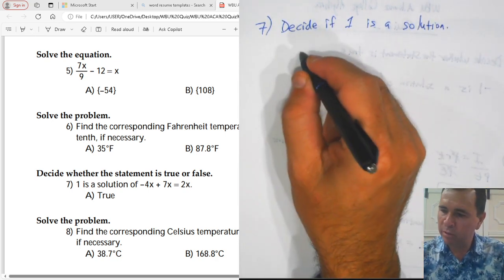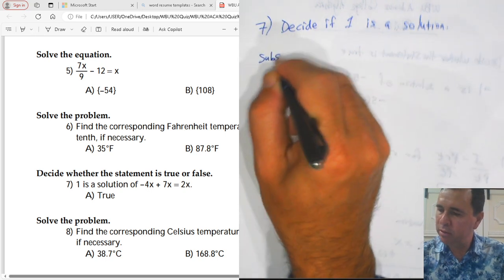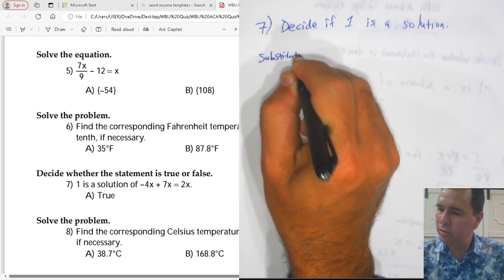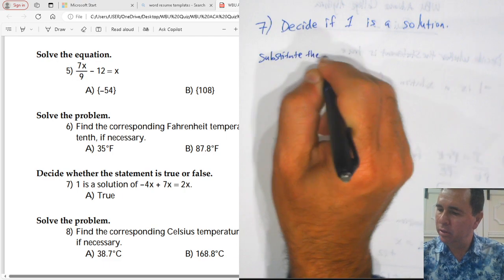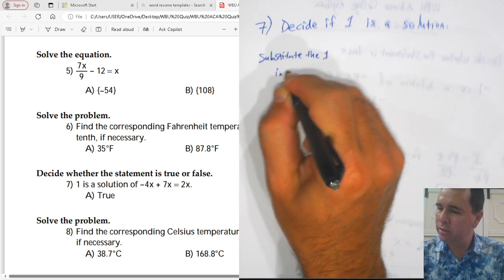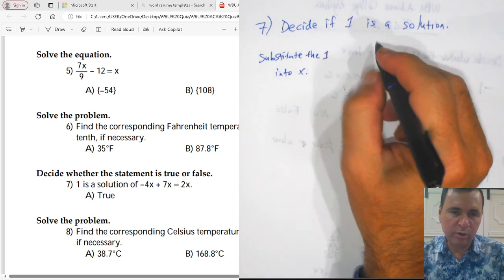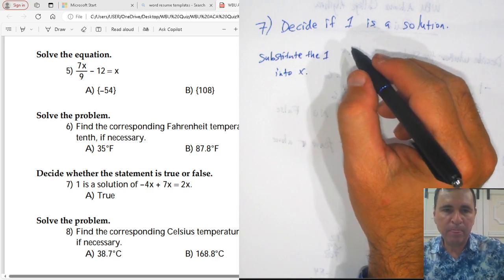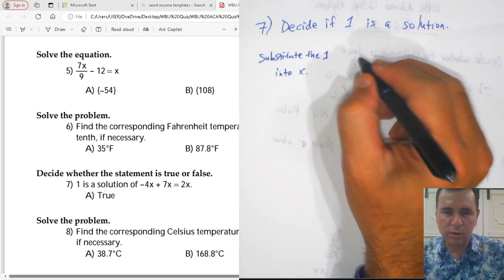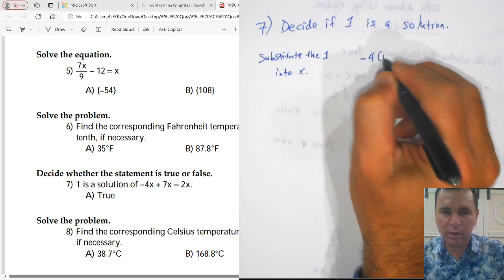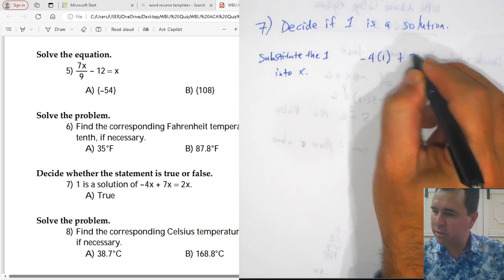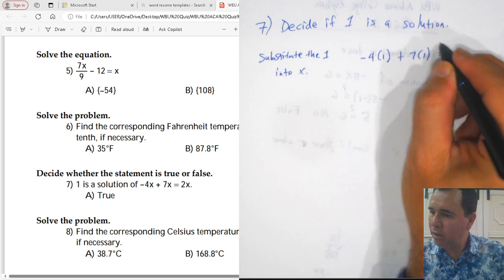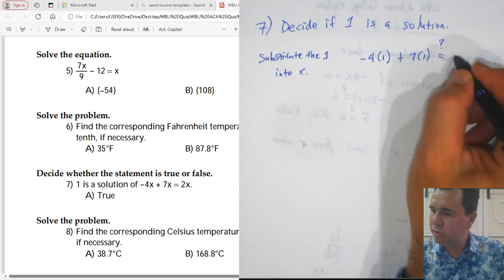You just substitute the 1 into x. So everywhere you see an x, you're gonna plug in a 1. So -4 times 1 plus 7 times 1, is that equal to 2 times 1?